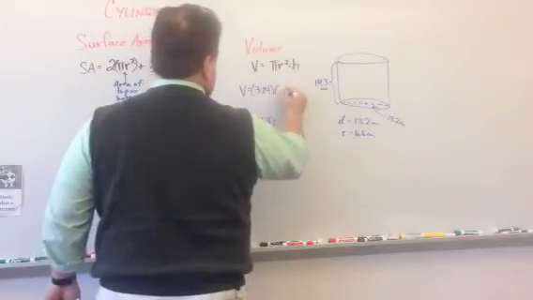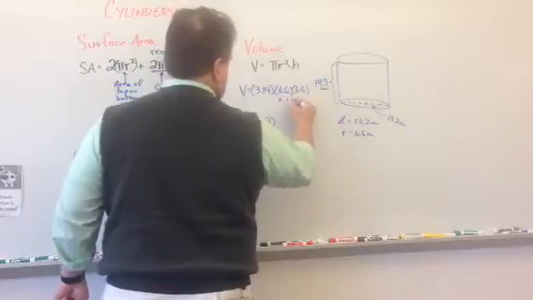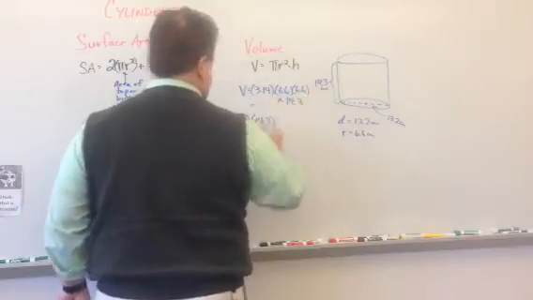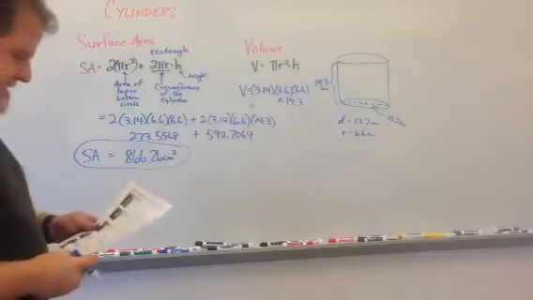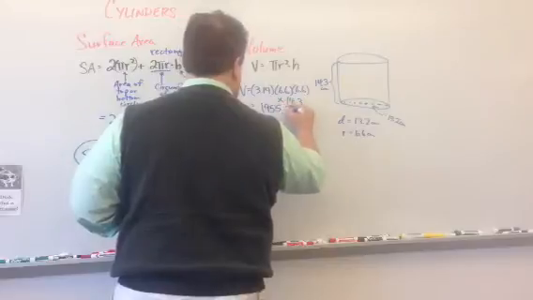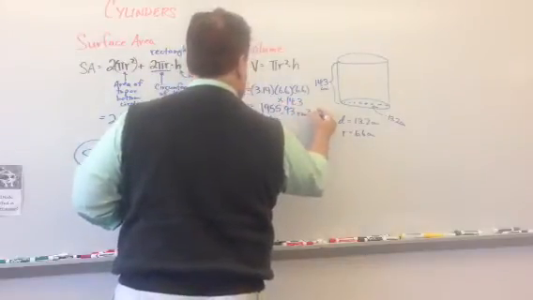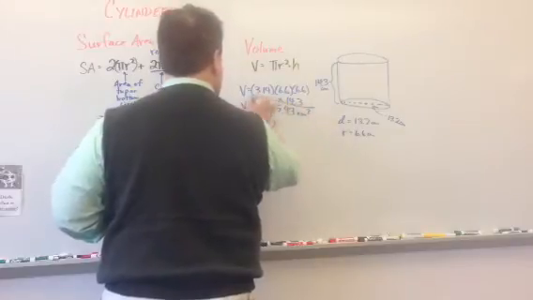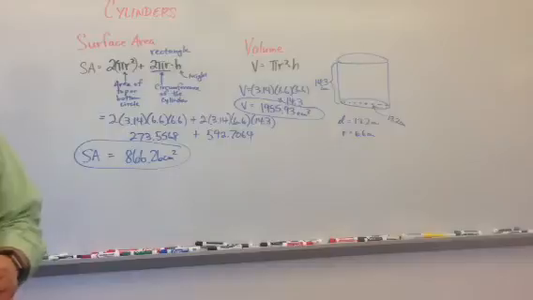Pi times the radius squared times the height of 14.3. And that, if you do that math, you should get 1955.93. Yeah, looks like it's 1955.93 centimeters cubed. Okay?